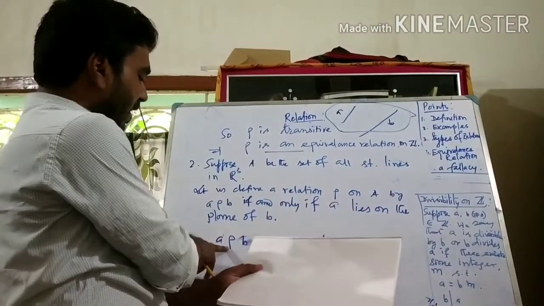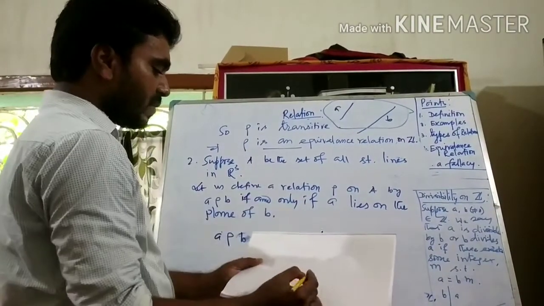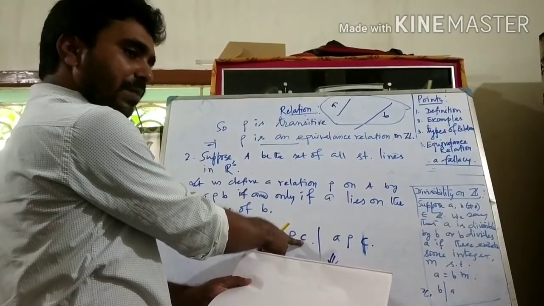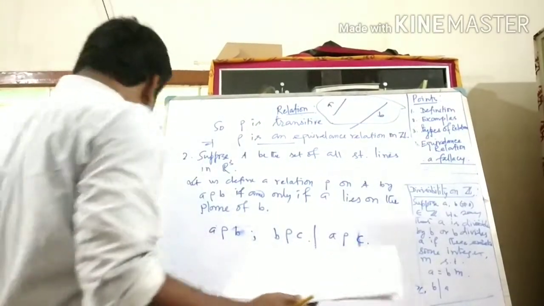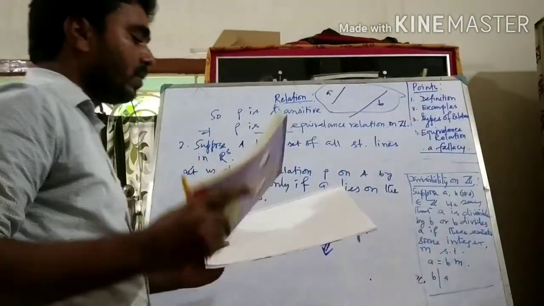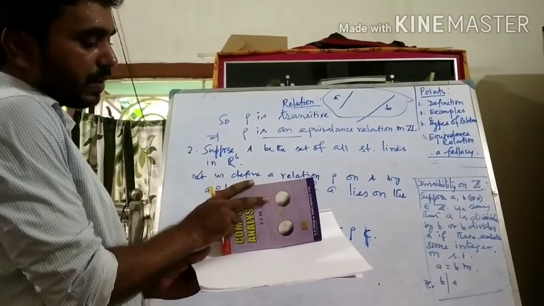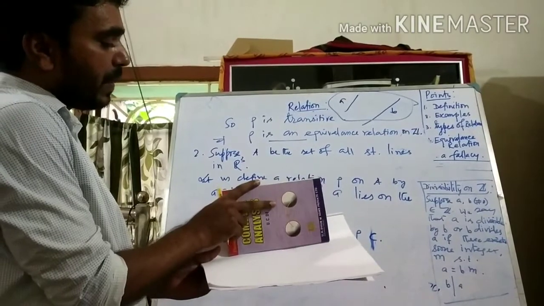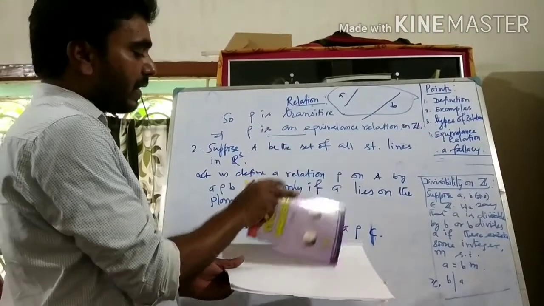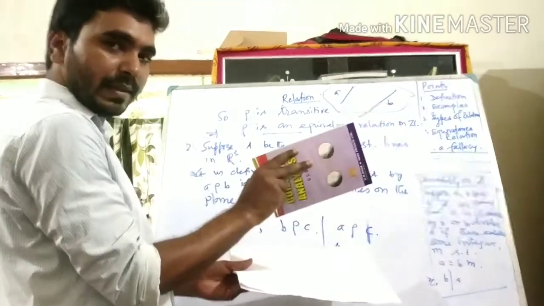Okay. The first condition says that A lies on this plane. This is my A. The second condition says that B lies on the plane of C. Suppose this book is a plane surface. This is a plane containing the straight line B. This is the plane containing the straight line C, and by this assumption B lies on this plane.